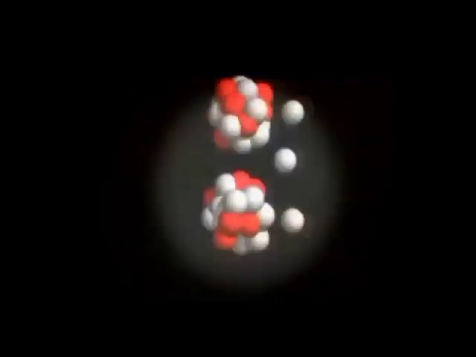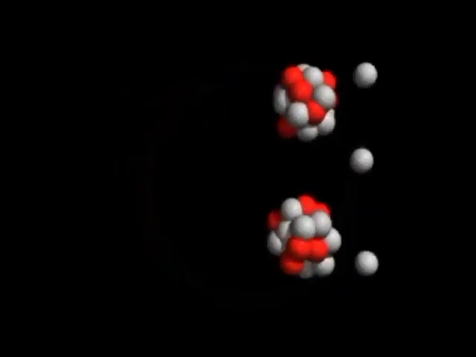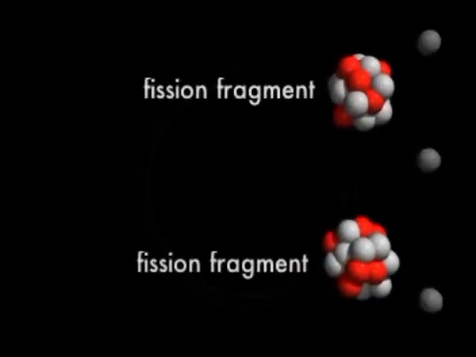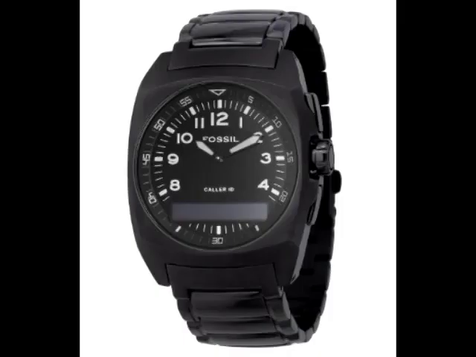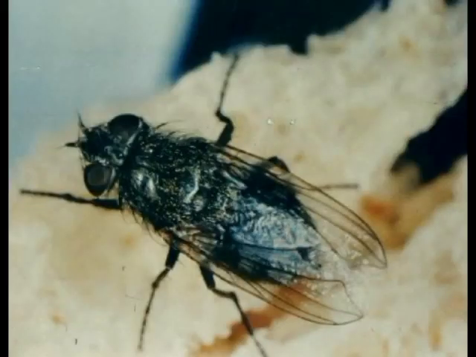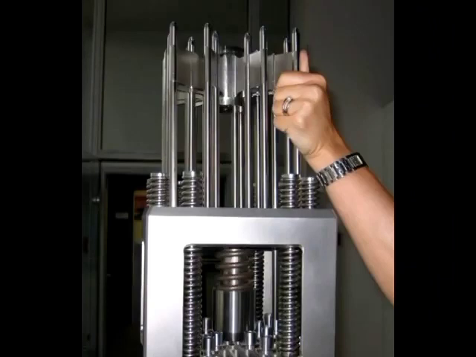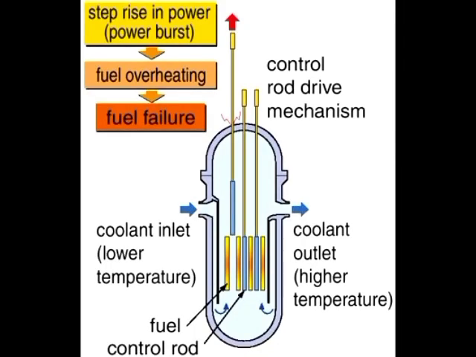It splits the nucleus into 2 smaller nuclei and gives off 3 more neutrons. If those neutrons hit more U-235s, once a moderator has slowed them down to size, then a chain reaction starts. Things will get real hot. Put in the control rods.